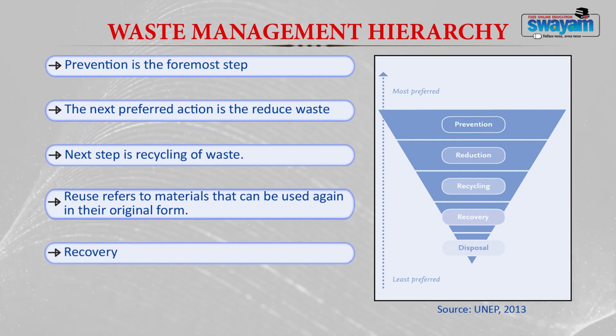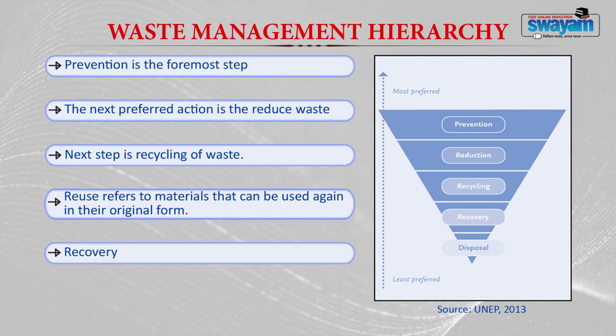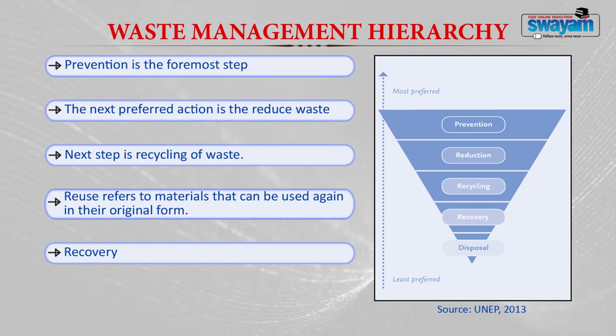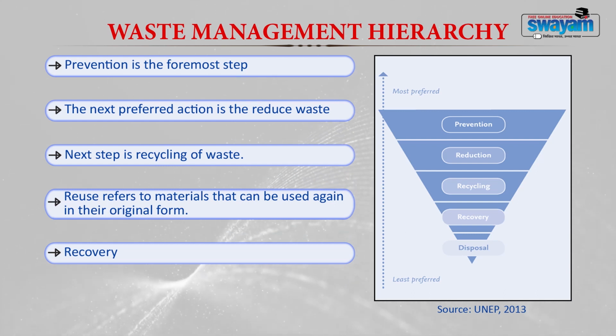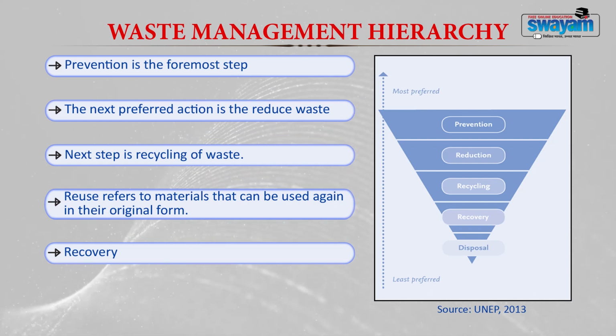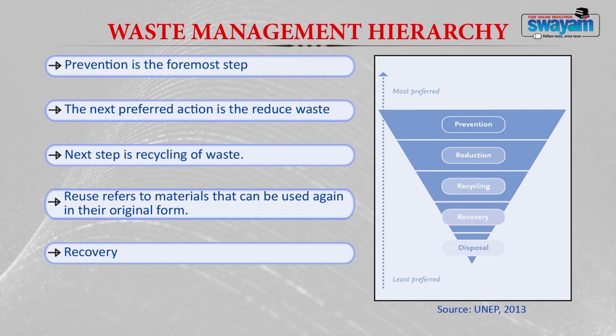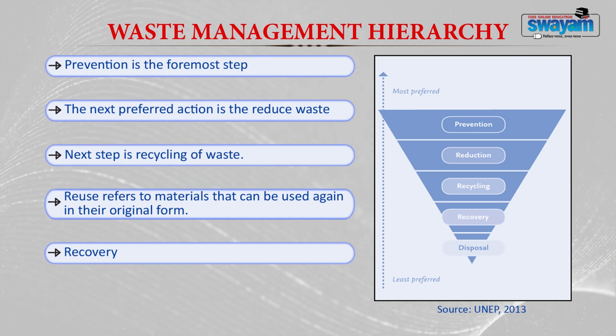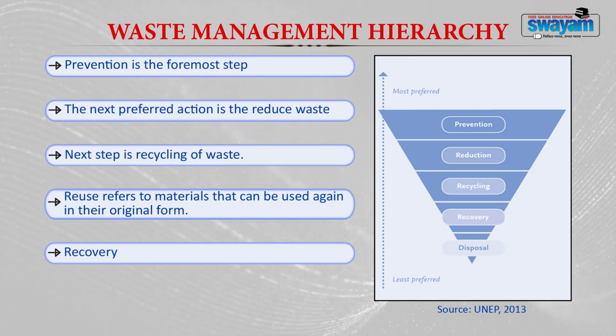Recovery may be of two types. One is the recovery of the saleable items that can be used as such, or recovery may be converting the waste into something that is a value added product, meaning value addition to the waste. For example, organic fraction of the waste can be used for biogas production, compost production or vermicompost production, and if biogas is produced, that biogas can be used as fuel at domestic level.